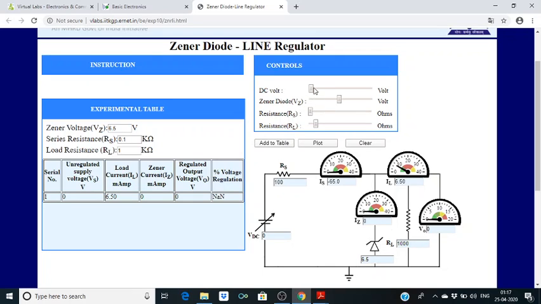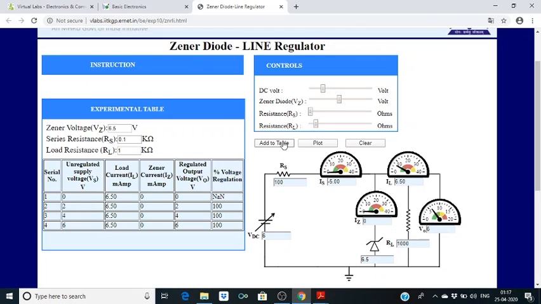Now 0, then 2, then 4, then 6, then 8, then 10, and then finally 12.